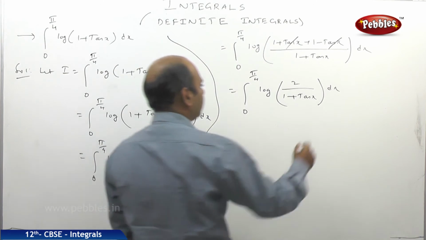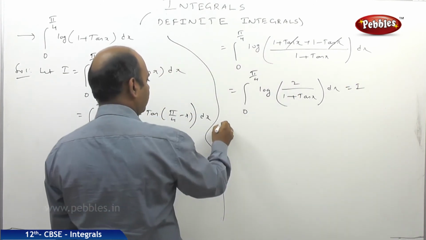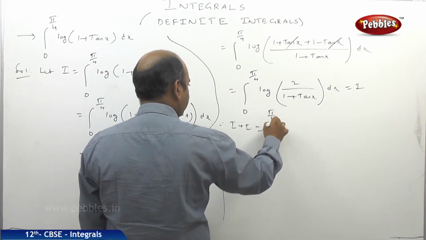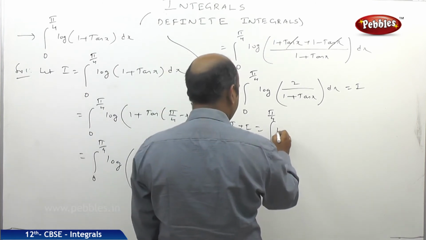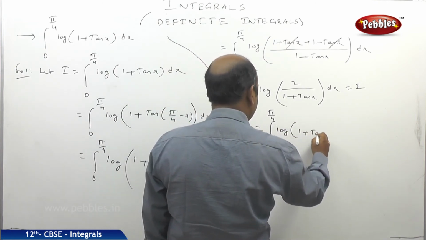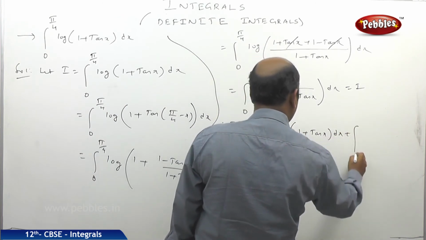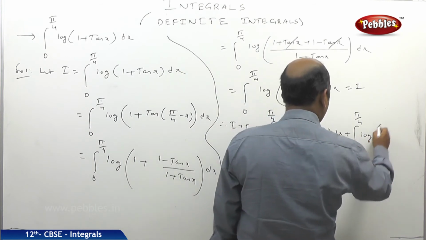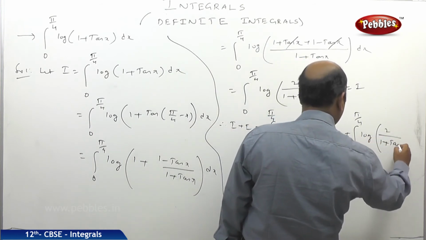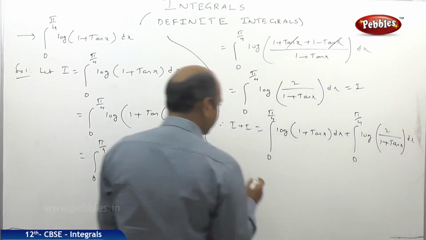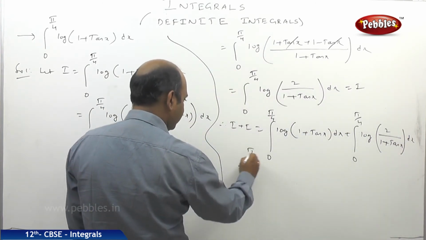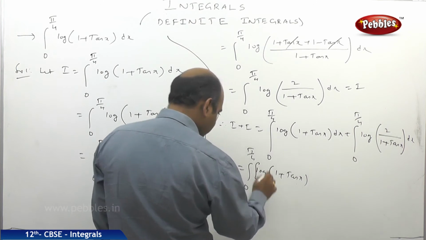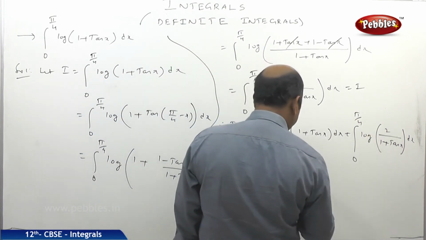So this also I will call capital I. Therefore, I will be adding I plus I on the whole, from 0 to pi by 4. For the first I, it comes as log of 1 plus tan x dx, plus the integral from 0 to pi by 4 of log of 2 by 1 plus tan x dx. Now on the whole, from 0 to pi by 4, I am keeping one square bracket: log of 1 plus tan x, and here log of m by n.